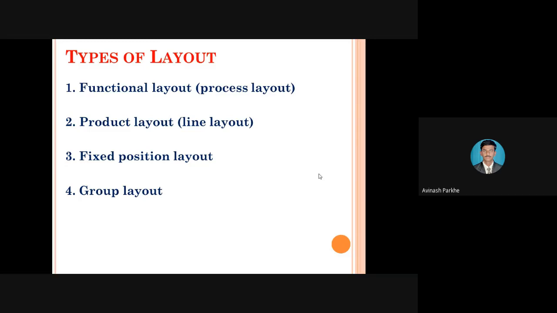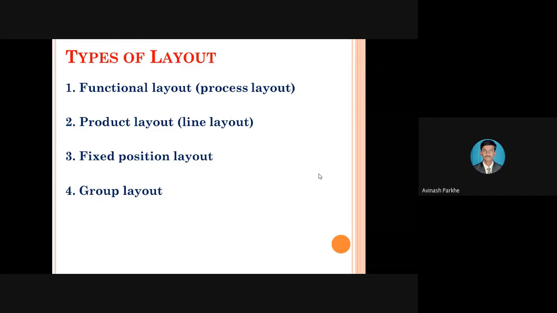Basically there are 4 types of layouts which we are going to study in this chapter, and mostly these 4 types of layouts are used in various types of industry as per the requirement of the product. Sometimes we have to manufacture products in mass. That means we have to take mass production. If we have to take mass production, which types of layouts do we have to utilize? Sometimes we have to manufacture one heavy component.